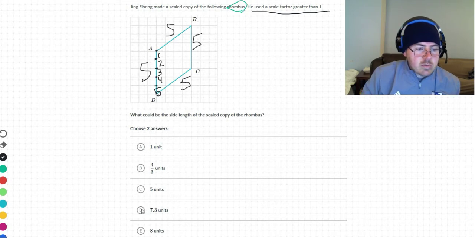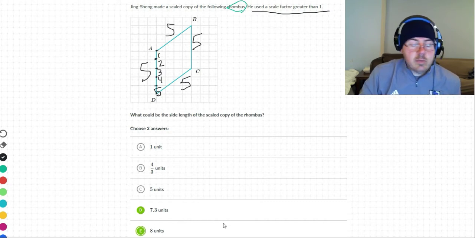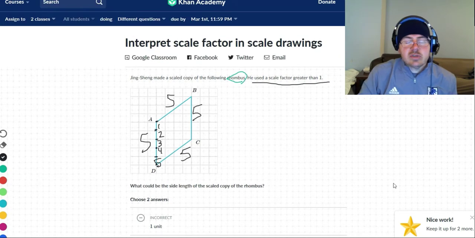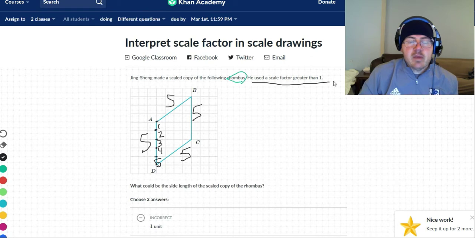These are the only two that are bigger. If I multiply them by something greater than 1, they could be it. There it is. So that's how you interpret scale factors. If they said less than 1, you need something smaller than 5, but they didn't. They said greater than 1. Let's try another lesson.